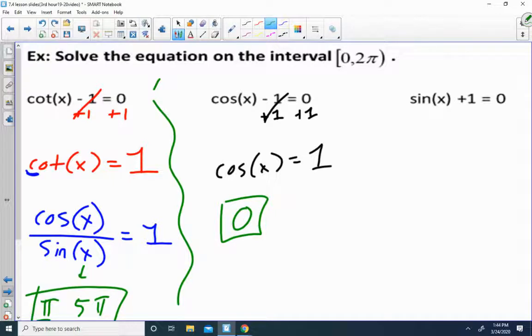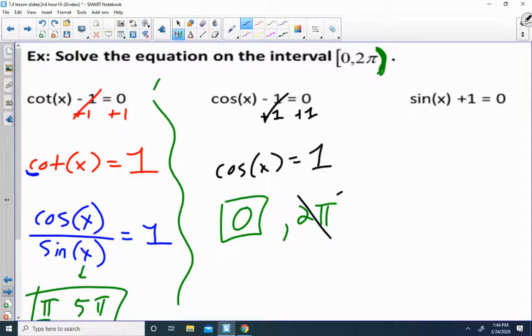Now, some of you may be thinking, well, Ms. Shulin, couldn't I also put 2 pi because that's a full circle? Technically you could if this was a closed bracket. The open bracket on 2 pi is saying no, you don't want to include 2 pi in your answer.